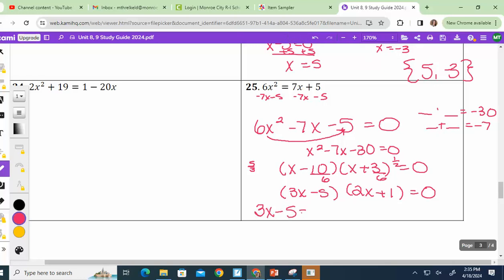Let me flip and see that. Add our 5. Divide by 3. Get 5/3. And negative 1.